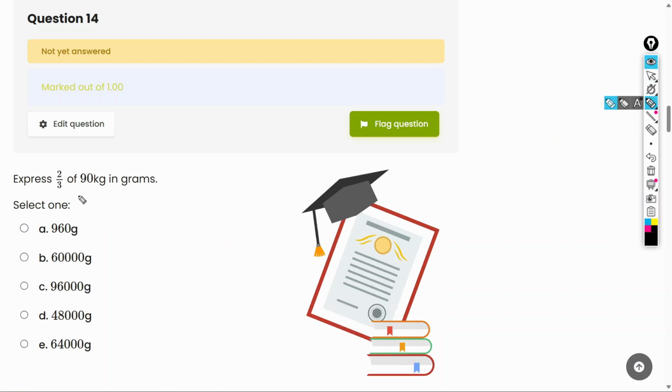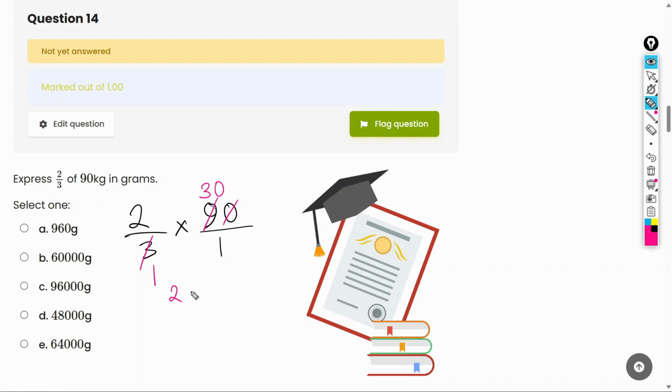Express 2 out of 3 of 90 kilograms in grams. 2 out of 3 of something is 2 out of 3 times that thing. So 2 out of 3 times 90 over 1. We can divide by 3. 3 into 3 is 1, 3 into 9 is 3, and 3 into 0 is 0.